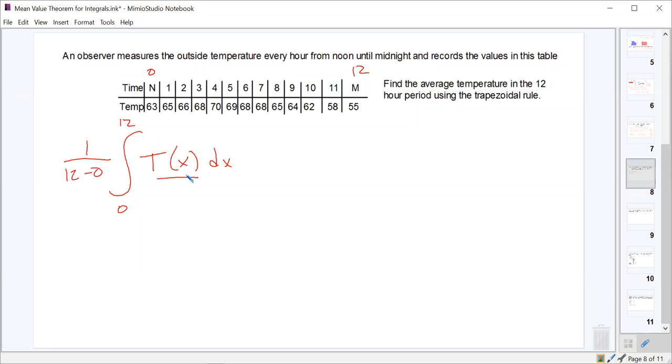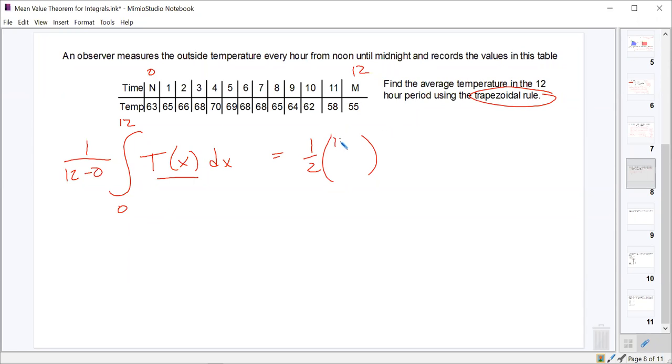So since we don't actually know a function for capital T of x, we have to approximate that integral. The problem specifically tells us to approximate it using the trapezoidal rule. So if we're going to use the trapezoidal rule to approximate it, we'll still have a 1/12 out in front. And now we're also going to have a b minus a over n, right, over 2.